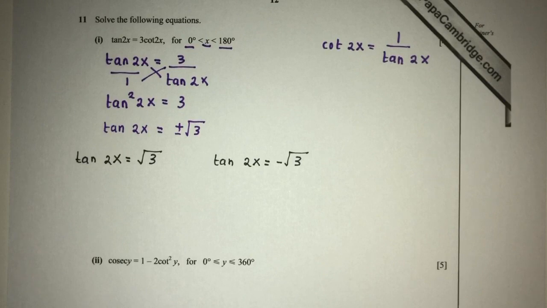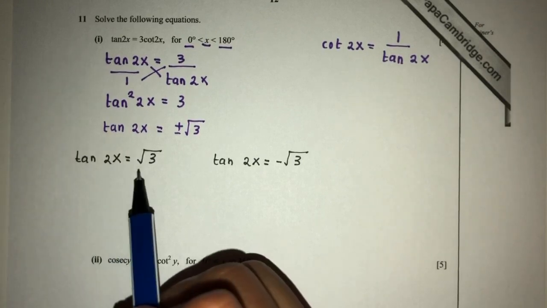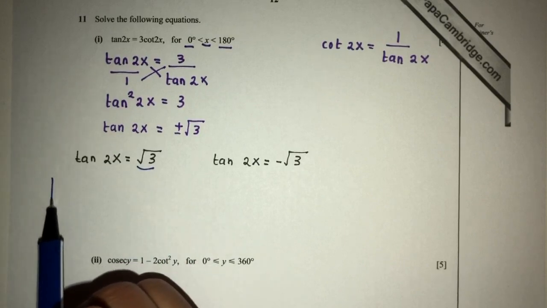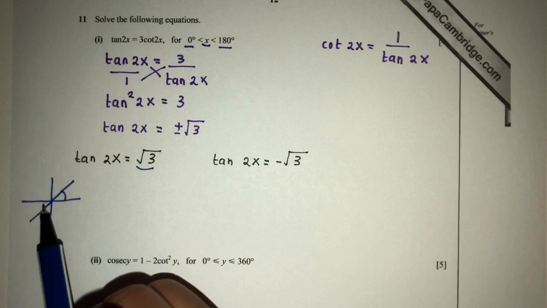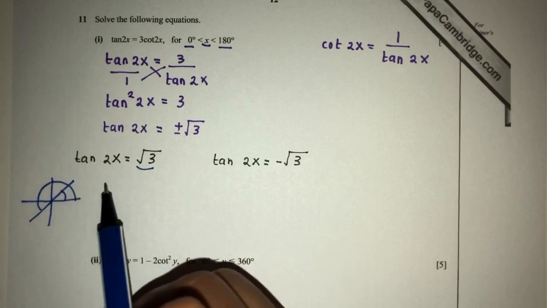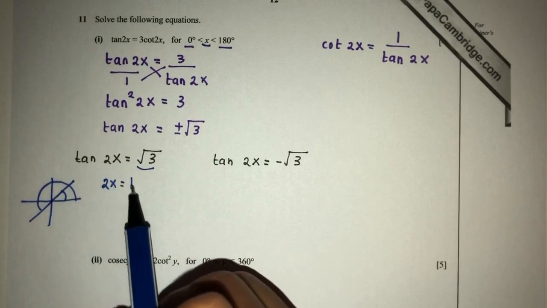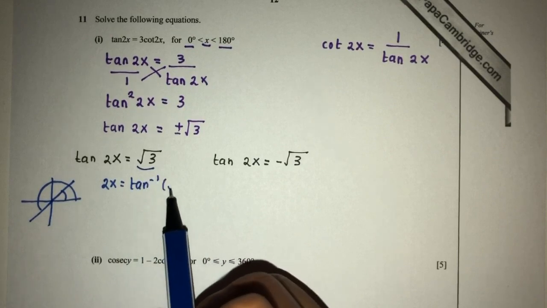So now we have to solve one by one. For the first one, as you can see, it is a positive value. It will be in the first quadrant and in the third quadrant. So 2x has to be tan inverse of root 3.